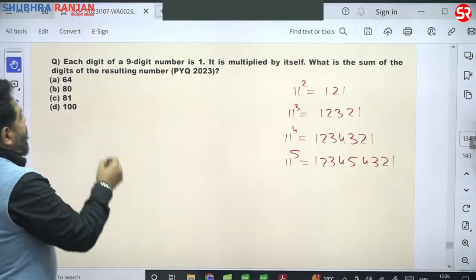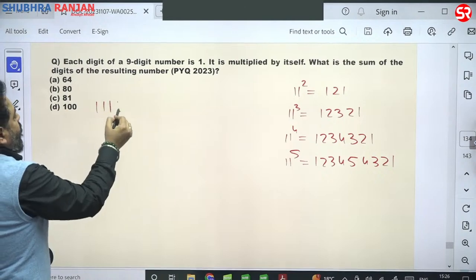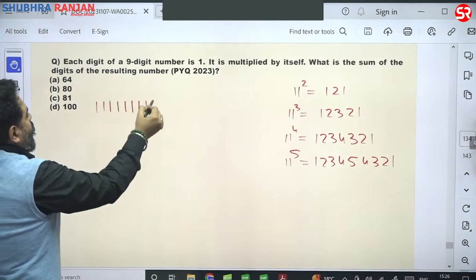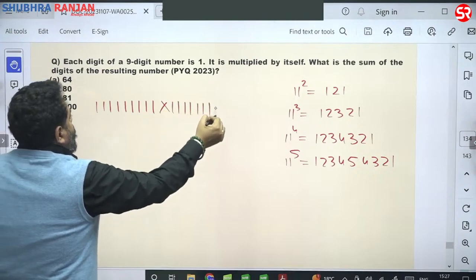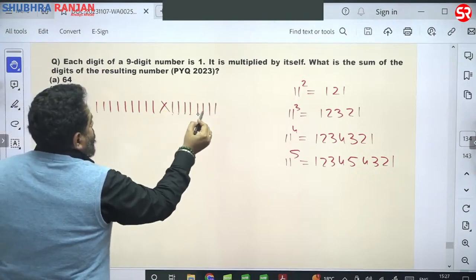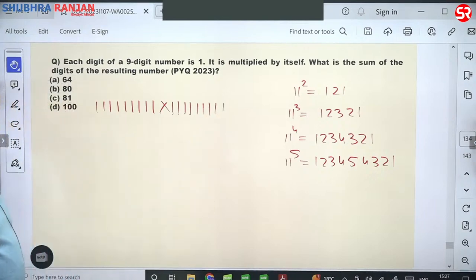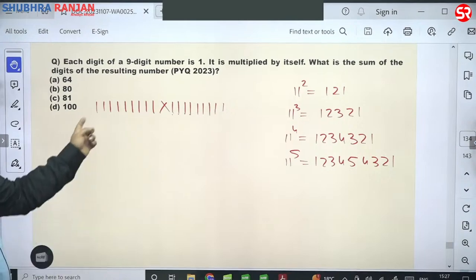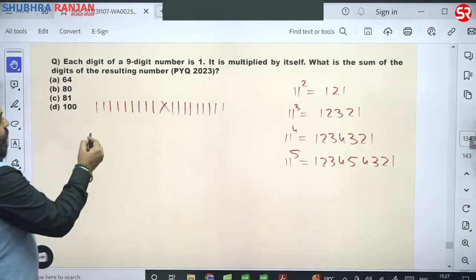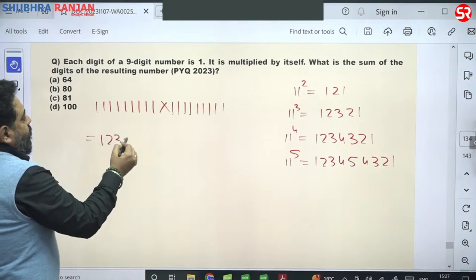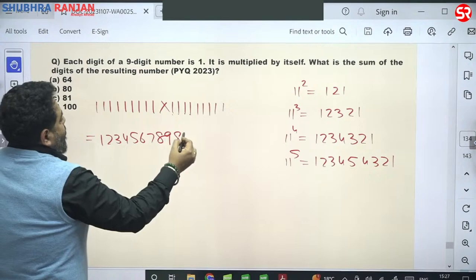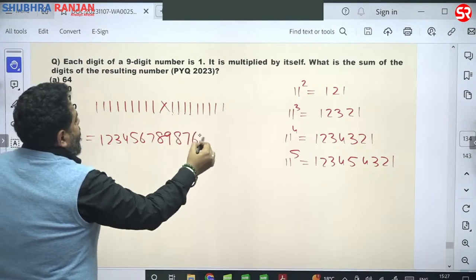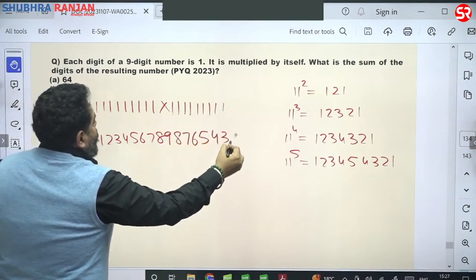Now he says 111111111 is multiplied by itself, so what would be the answer? Your answer would be 1, 2, 3, 4, 5, 6, 7, 8, 9, 8, 7, 6, 5, 4, 3, 2, 1.